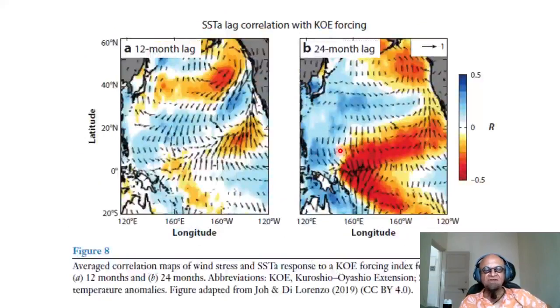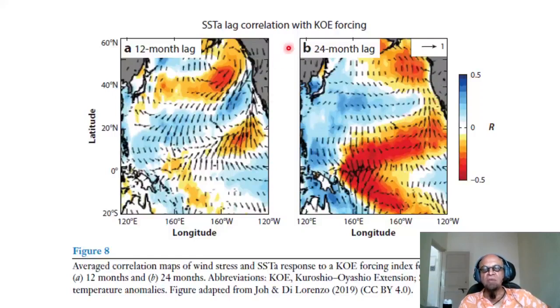Average correlation maps of wind stress and SSTA response to KOE forcing index for lags of 12 months and 24 months. Abbreviations, of course, again KOE and so on. And you can see 12-month lag, you get one pattern which has got a wave-like pattern, let's say here, whereas this has got the North Pacific meridional mode kind of pattern.